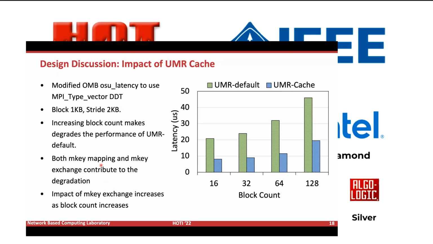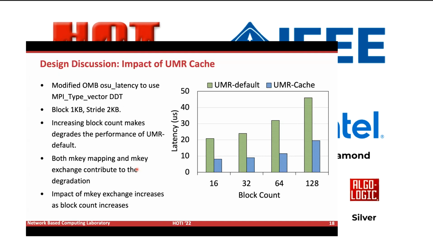The main observation is that increasing block count degrades the performance of the UMR default scheme. For example, here you see that it's almost 2x, and here it jumps to 3x. Both M-key mapping and exchange contribute to this degradation.